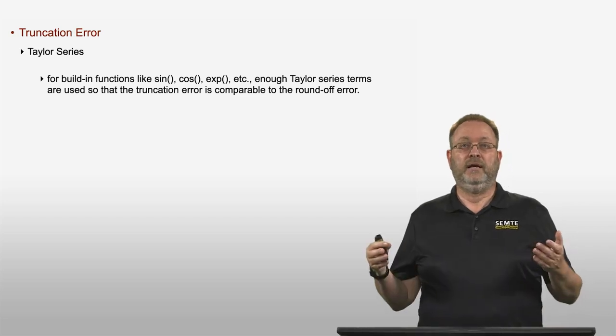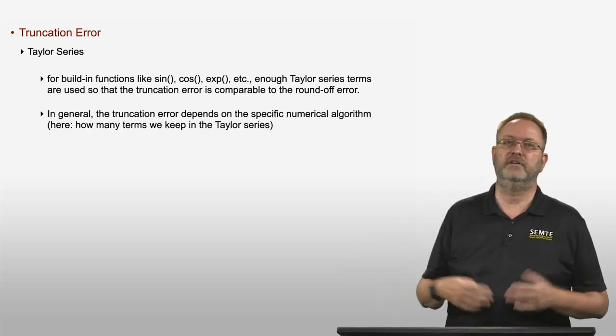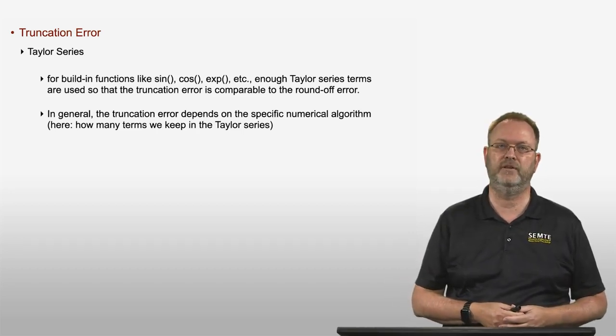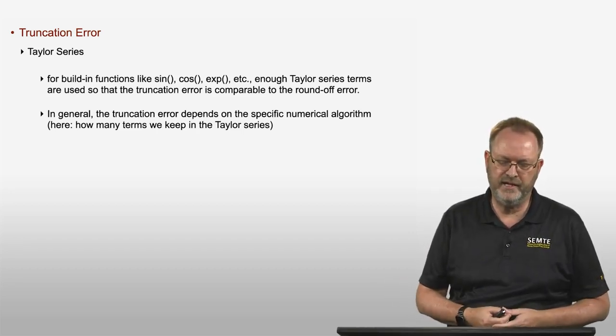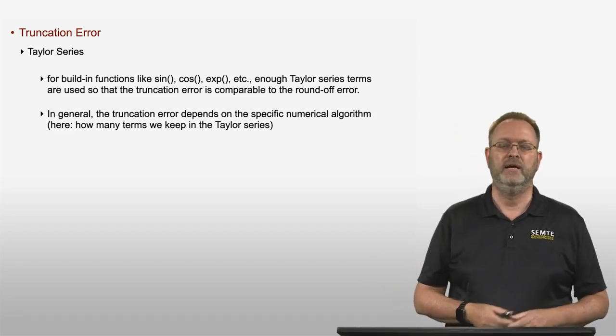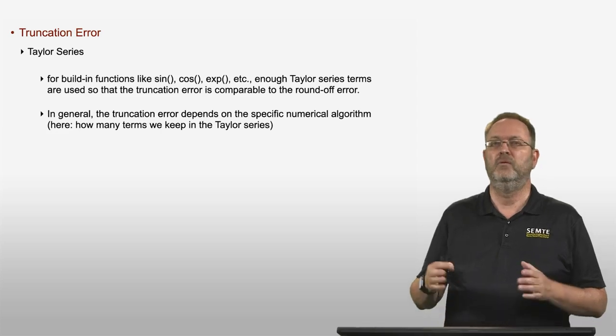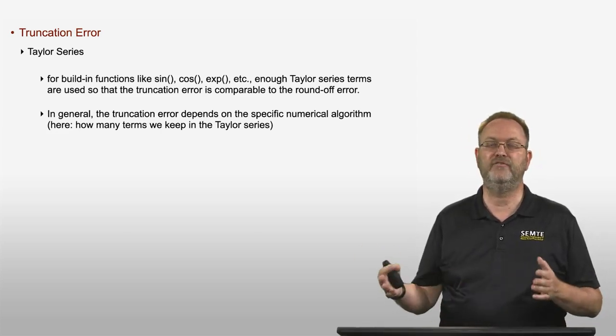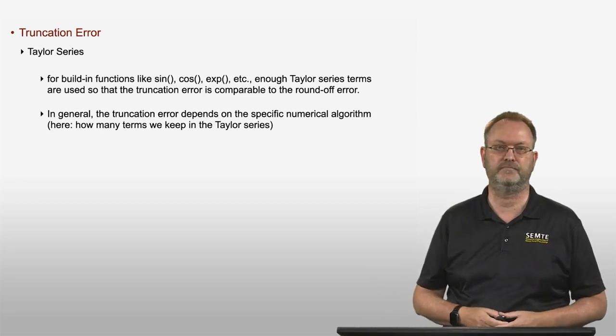Okay. In general, though, the truncation error depends on the specifics of our numerical algorithm. The example that I've shown here was using the Taylor series as a numerical algorithm, but throughout the semester we will see other numerical algorithms that will be truncated and have associated truncation errors.